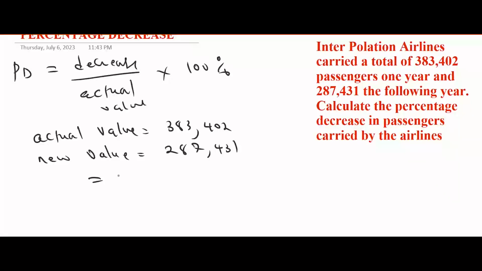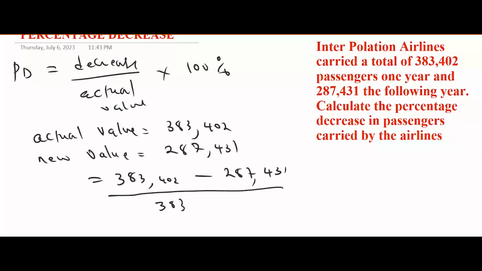So in this case, we're going to have 383,402, then subtract 287,431, over the actual value, 383,402. That is the actual value. Then times 100%.